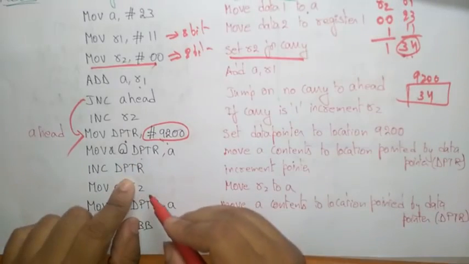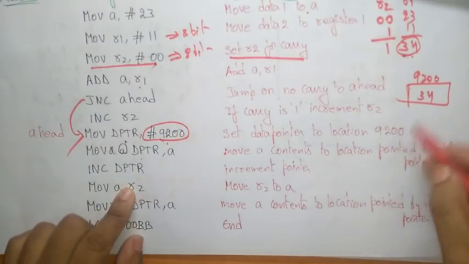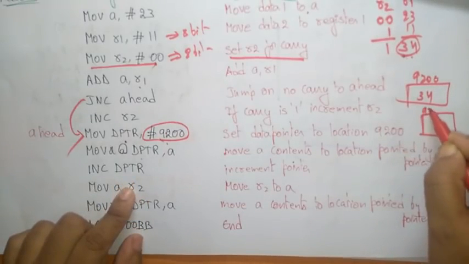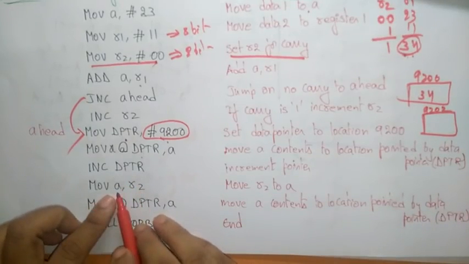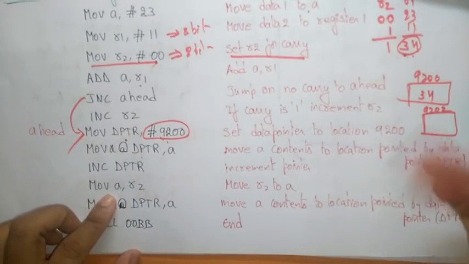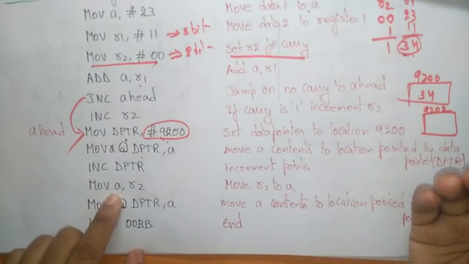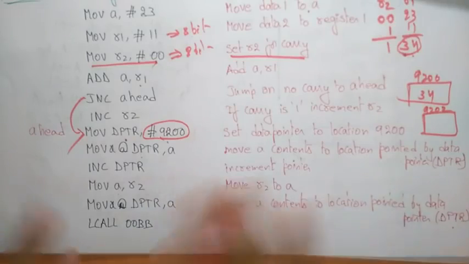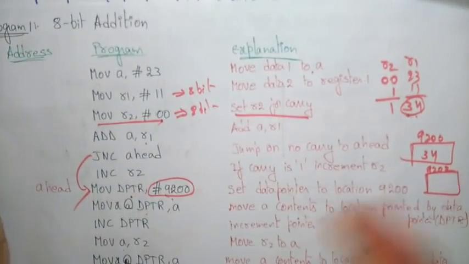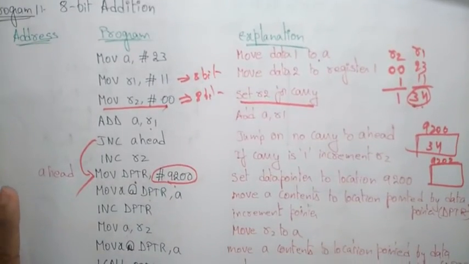Now increment the data pointer: DPTR has to be incremented, meaning the next memory location 9201. Then MOV A, R2. If a carry is there, it is moved to the A register, and then moved to the location pointed by DPTR. So this is how you write the 8-bit addition program.